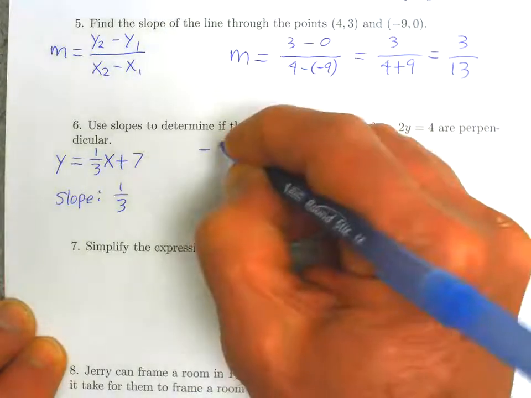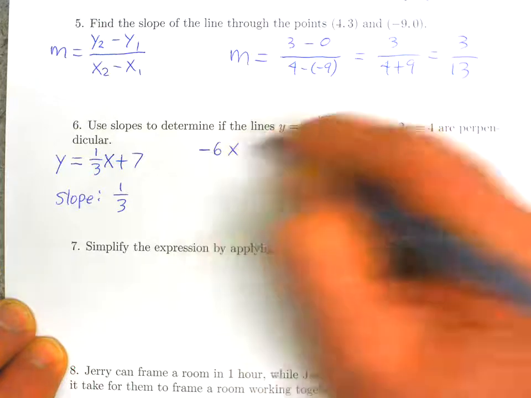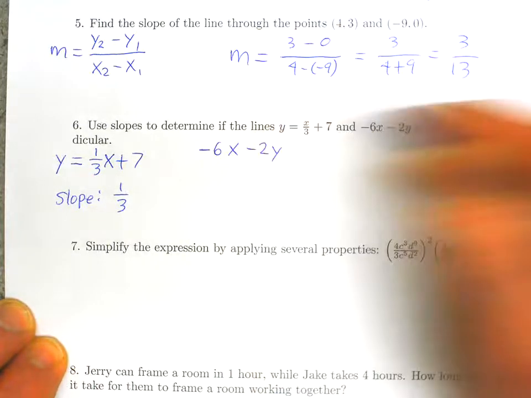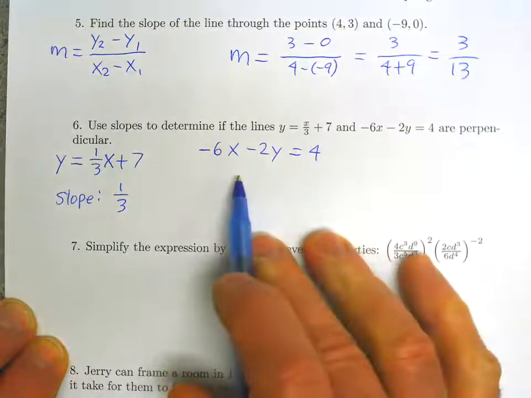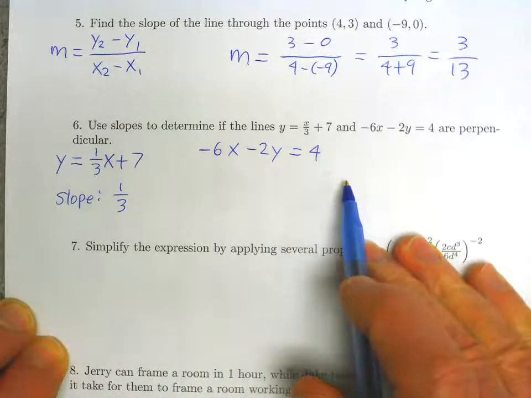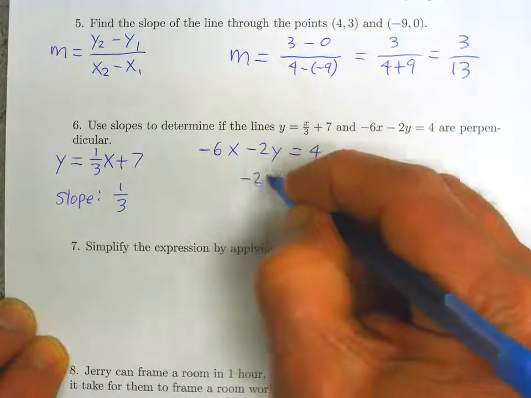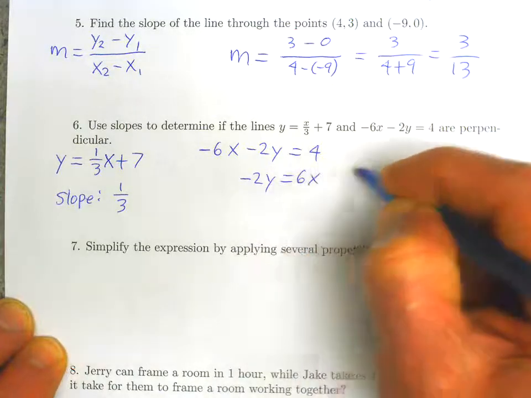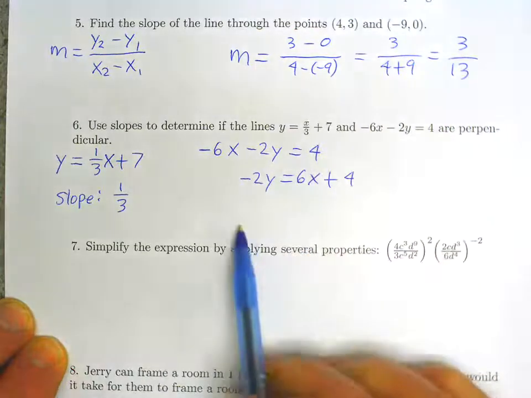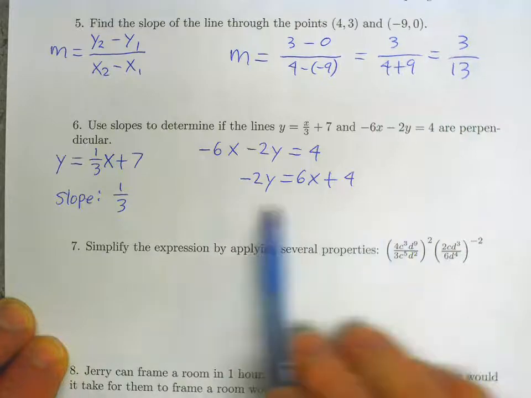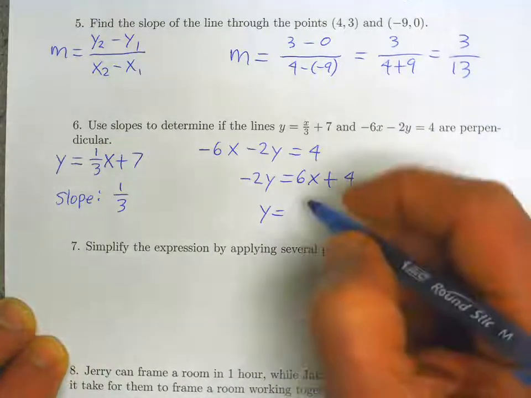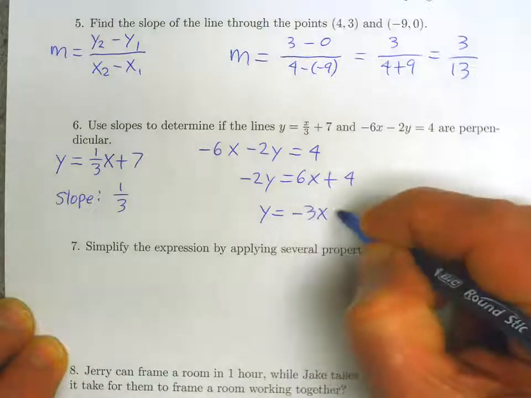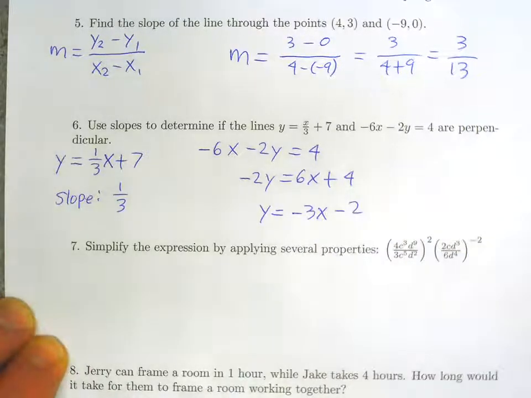So let's go ahead. I'll write negative 6x minus 2y equals 4, and we'll solve for y. So first add 6x to both sides, so we get negative 2y equals 6x plus 4. And then divide every term on both sides by negative 2, and we get y equals negative 3x minus 2.